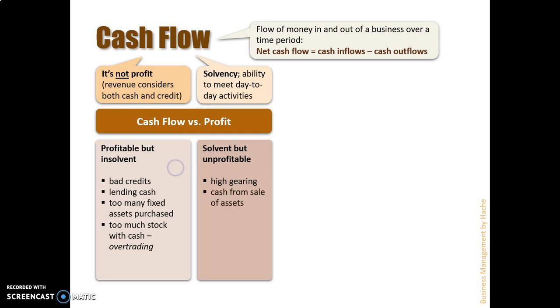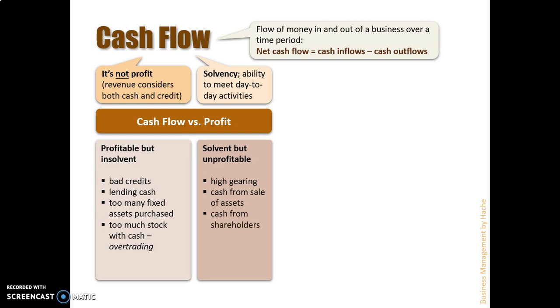Also, you can get cash from the sales of assets, but this doesn't mean you are being profitable because you are not getting cash from sales, just from the sales of old assets or unused assets. So that doesn't mean you are being necessarily profitable. It is making you solvent, not profitable.